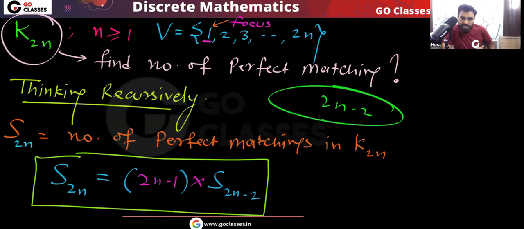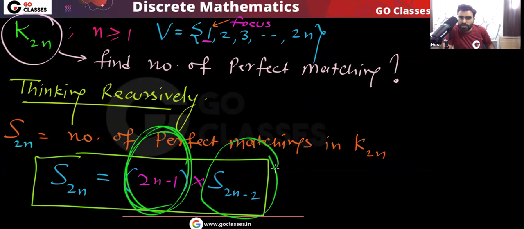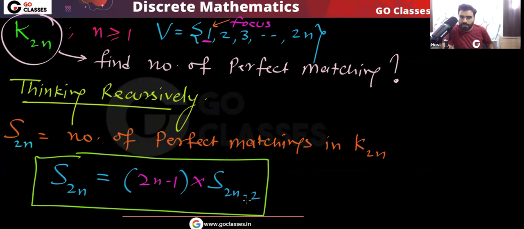The number of perfect matchings among the remaining 2n minus 2 vertices will be S2n minus 2. Yes or no? I hope you understood. Remember, you need to cover vertex 1, and you need to find a perfect matching among the remaining 2n minus 2 vertices also. That is the reason we are doing this multiplication. So S2n is equal to (2n minus 1) times S2n minus 2.